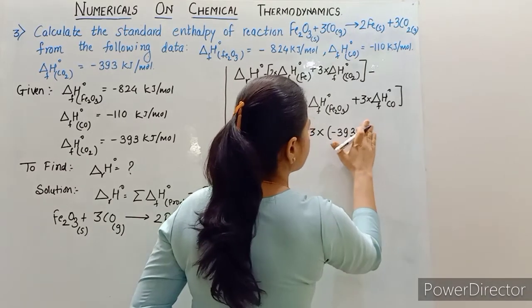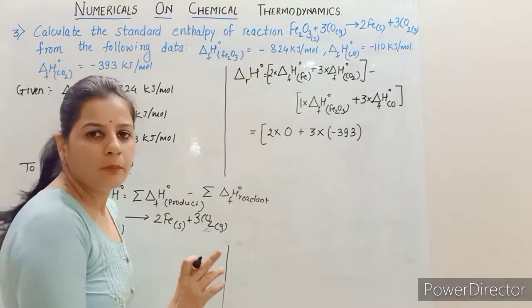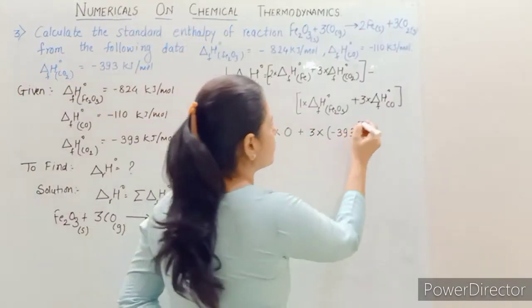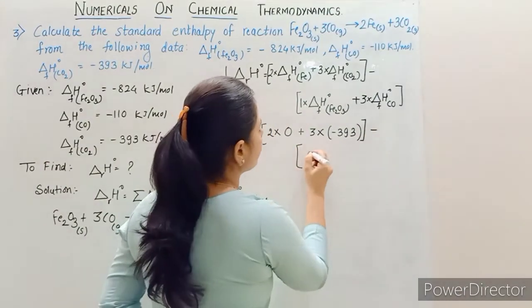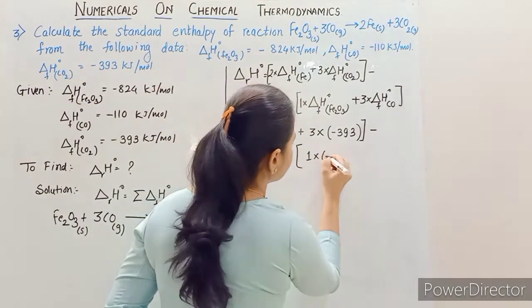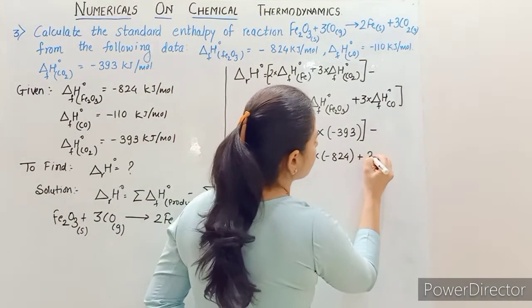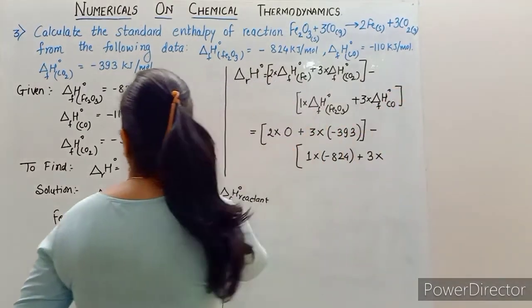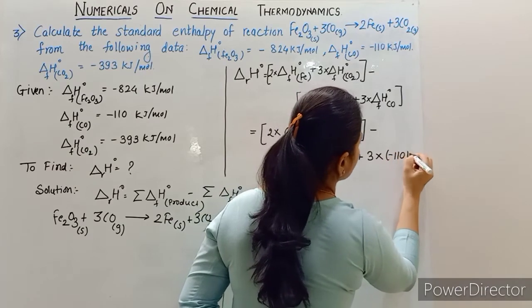I will not write kilojoules per mole every time because all the units are in kilojoules per mole, so we don't complicate it, we keep it simple. Minus then 1 into delta H of formation of Fe2O3 is minus 824 kilojoules per mole plus 3 into heat of formation of CO. CO is minus 110 kilojoules per mole.